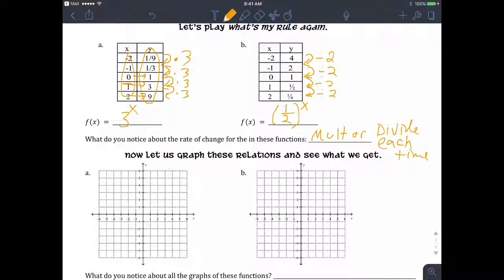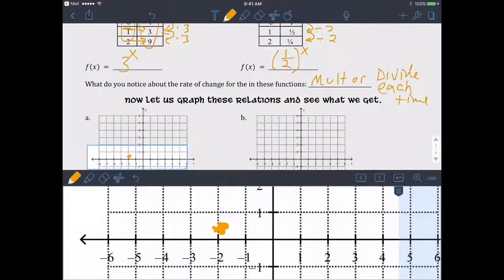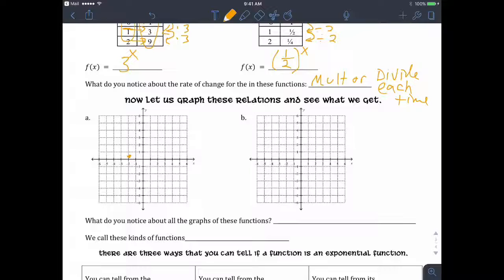All right. So now graphing is going to be kind of tricky, so I'm going to help you graph the fractions. So for a, the first number is -2 and then 1/9. That's pretty close to the x-axis. Then 1/3 is also pretty close to the x-axis. All right.